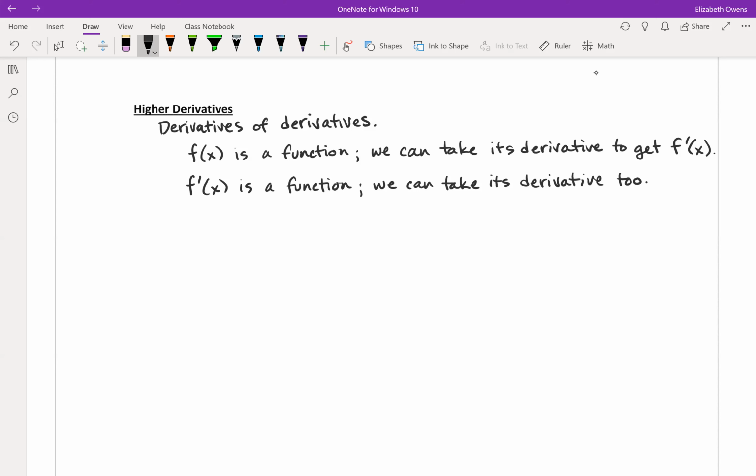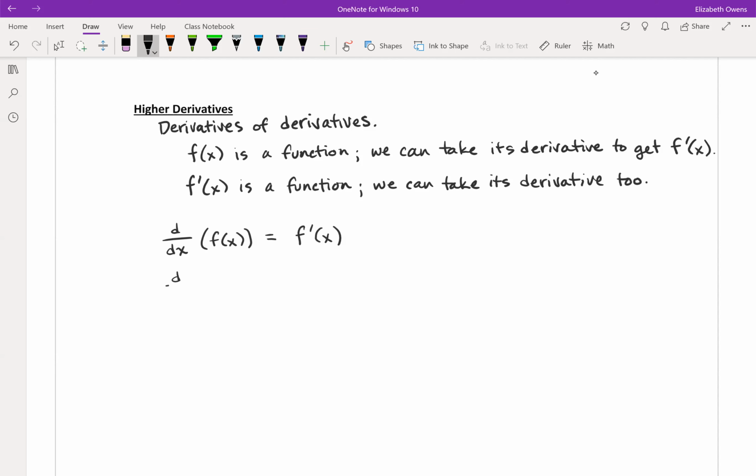All right. So let's look at some notation for these here. We're going to just do derivatives with respect to x, and we're going to start with the original function f of x. So we could say, taking the derivative with respect to x of f of x gives us f prime of x. All right, we've seen that.